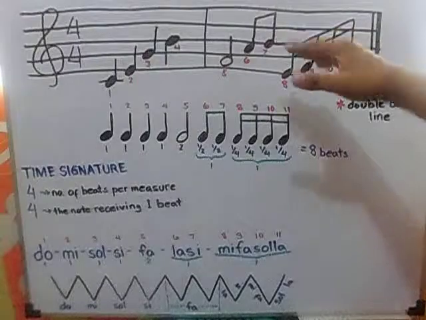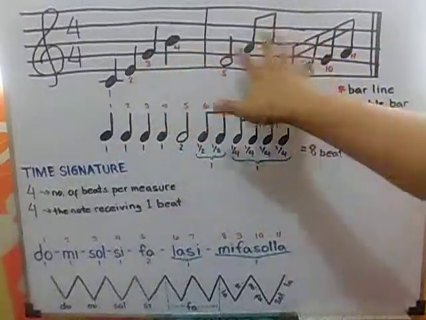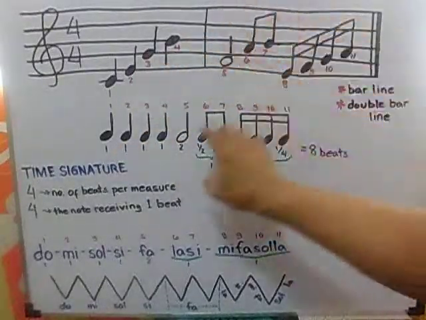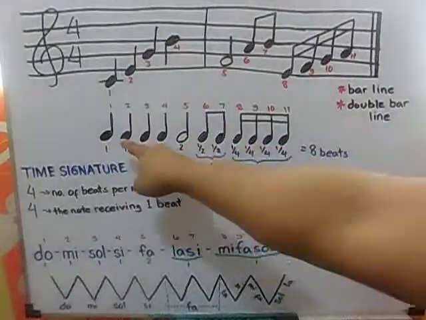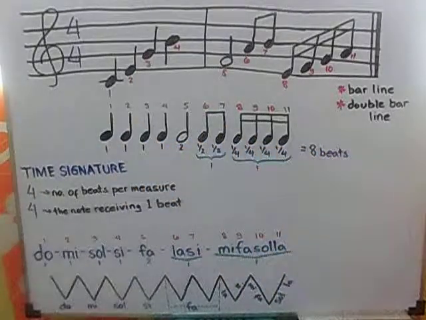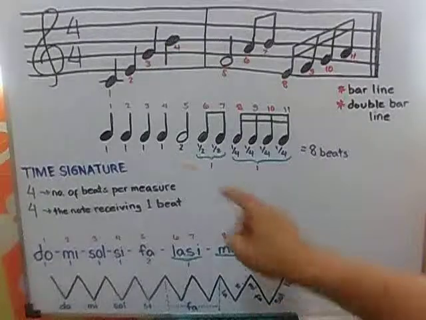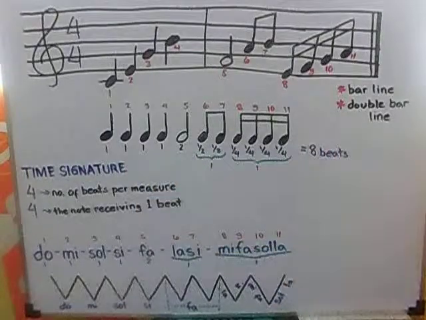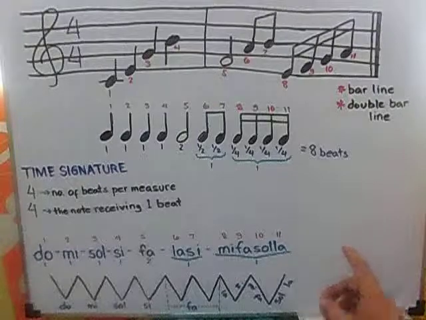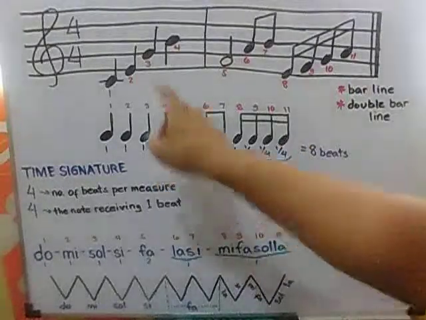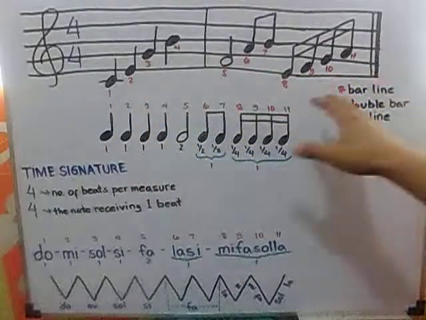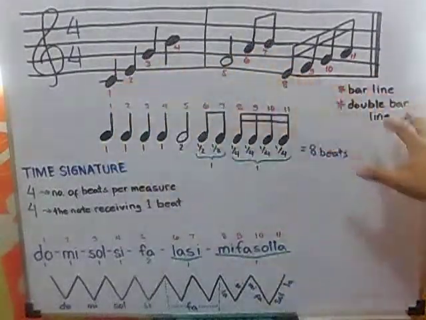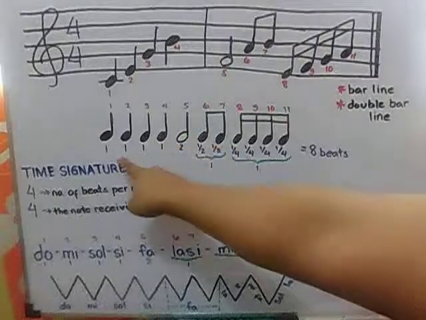That's why we have to take all of these notes out of the staff first. If you can still recall our clapping, it is very important that we know the duration of each note for us to know how we can play this on instruments, or how we can sing this piece. So now let's do the clapping.